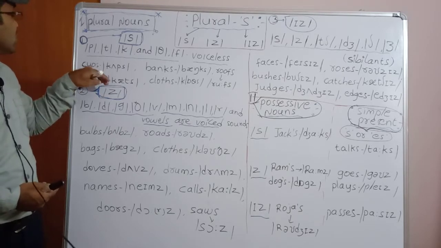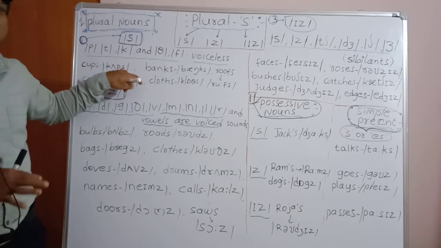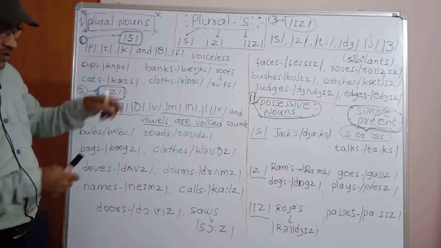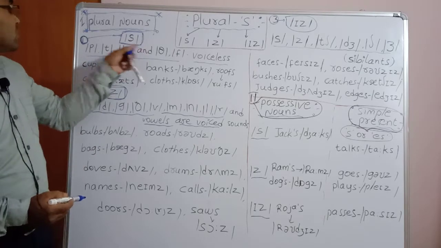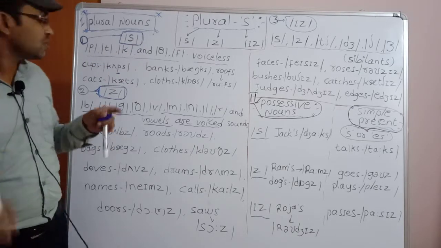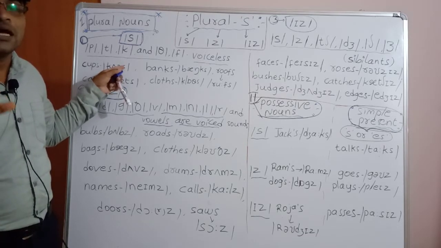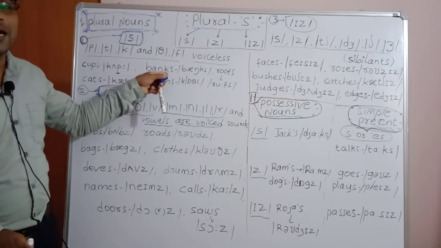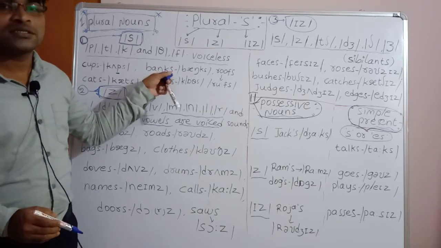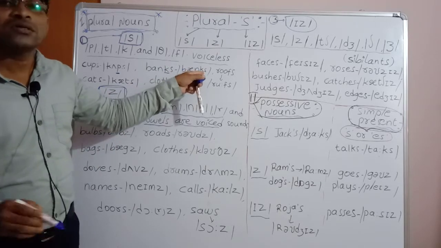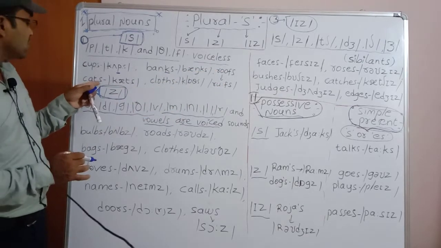Cups: the last sound is the voiceless sound p, and the plural s is pronounced as s. Banks: k plus suffix s, sound s.